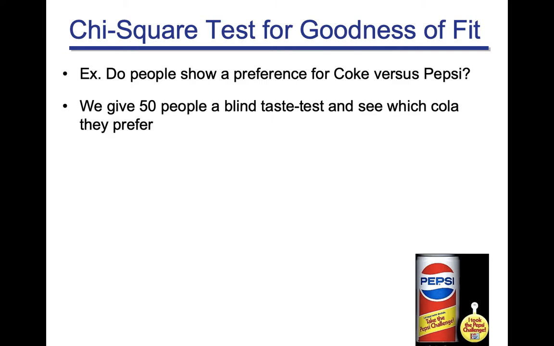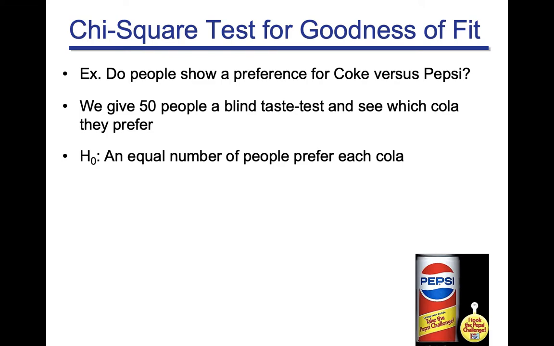So let's just say that we're going to do that. We're going to give 50 people a blind taste test to see which cola they prefer. Under the null hypothesis, an equal number of people would prefer each cola. Remember that our null hypothesis always starts with no effect.